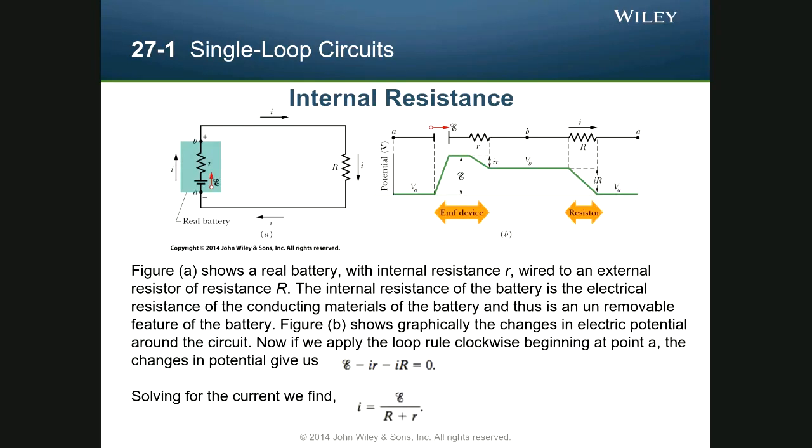So, internal resistances and what they mean for us. Internal resistance lets us look at a more realistic system. All EMF devices have some sort of internal resistance. We're not really going to talk about superconductors, but that's okay.